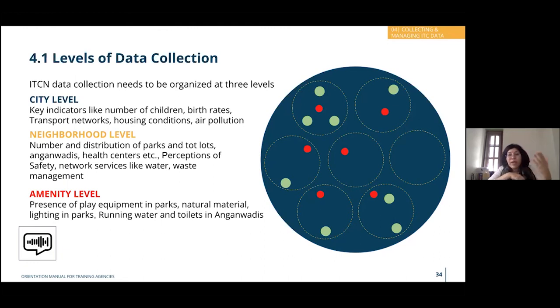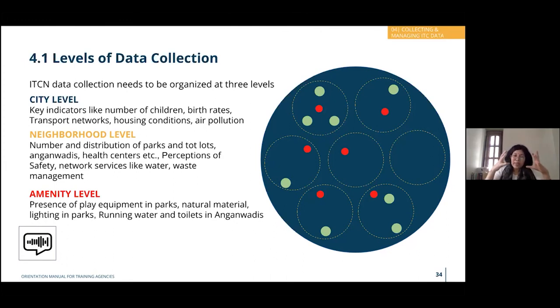So for example, presence of play equipment in parks is data that you'll have to go to each park and collect, right? Is there natural material, which is again very important for ITC and their growth in the early years? Is there mud? Is there texture? So we will have to go and assess at a park level: lighting in parks, running water, toilets in Anganwadis.